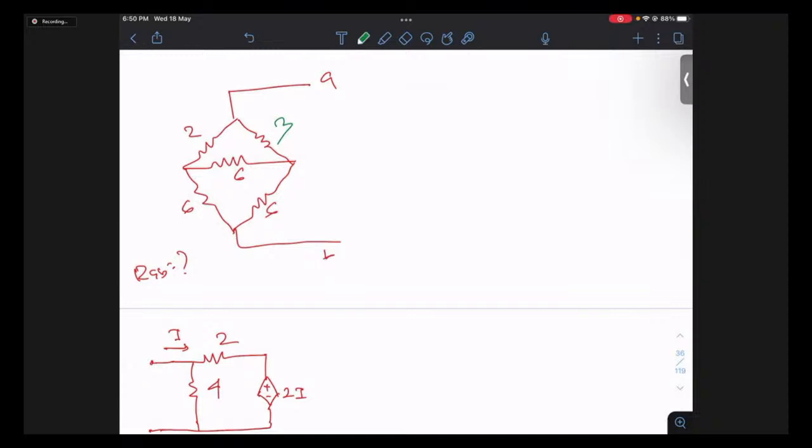So how do you get it? You highlight these nodes: this node, this node, this node, and this node. So 3 resistors you can draw, like this. So this value is 2, 2, and 2. Now if I ask you what is R of AB, this happens to be 2 plus 2, 4, and 3 plus 2, 5.